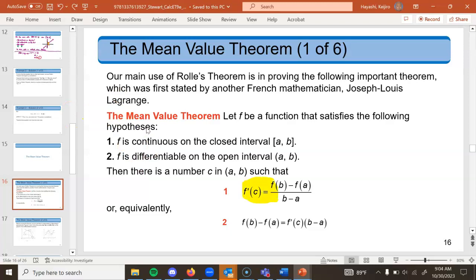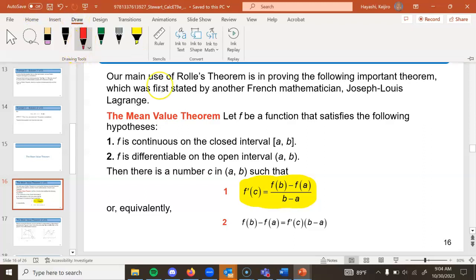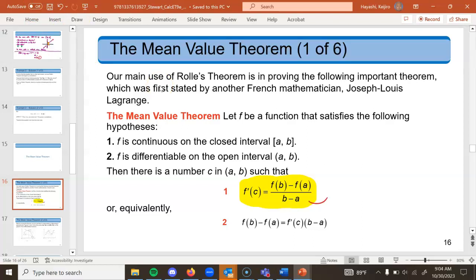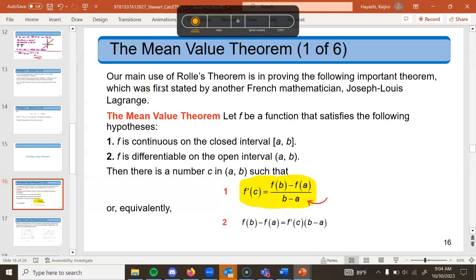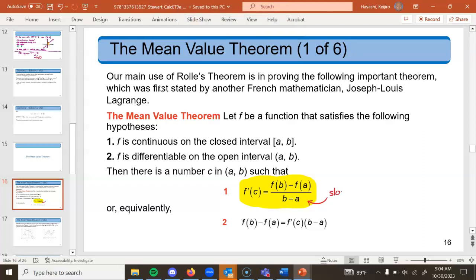But then what we're guaranteed is that we can find a value C inside the interval where the derivative is equal to the slope of the secant line formed between the two endpoints. You might notice, this is just a slope formula. It's like y2 minus y1 over x2 minus x1.